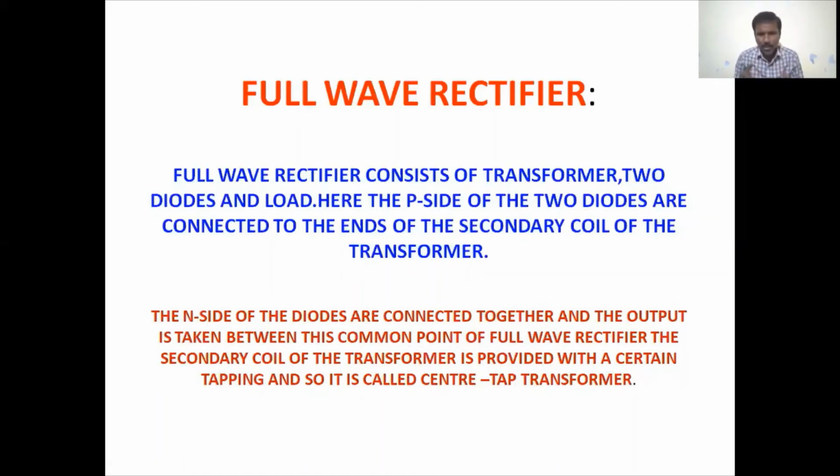The positive terminals of the two diodes are connected to the ends of the secondary coil, where the negative sides of the two diodes are connected together, and the output is taken between this common point of the full wave rectifier.